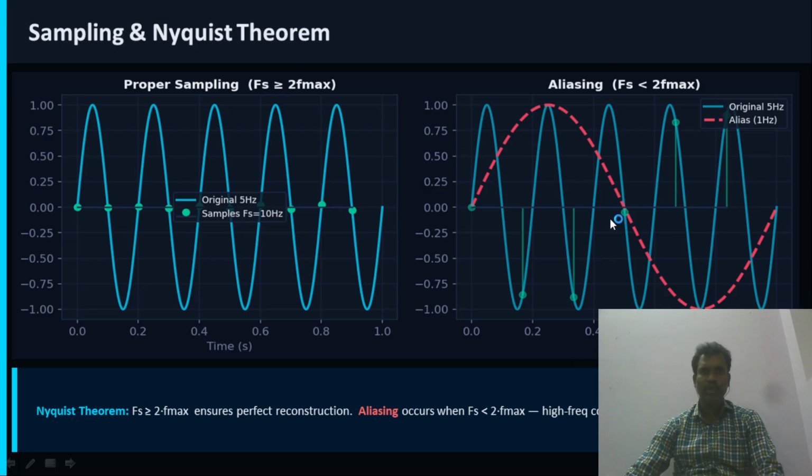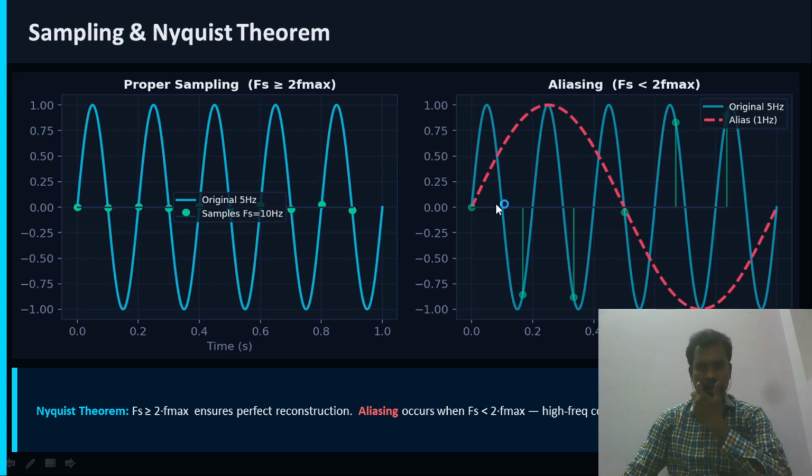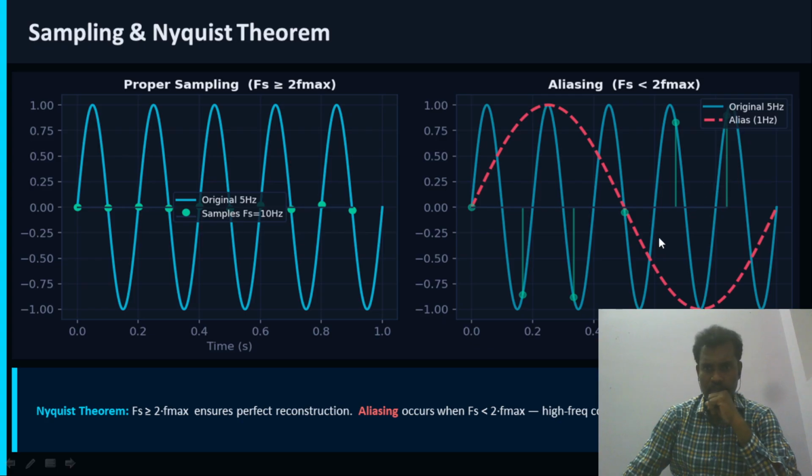For suppose you take a signal of 5 Hz; this original signal is a 5 Hz signal. This 5 Hz signal is sampled. We are taking two different kinds of samples, represented with green color. In the positive cycle we are taking one sample, and in the negative cycle one sample, at this instance.